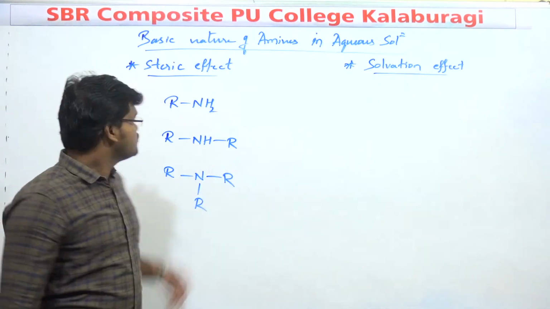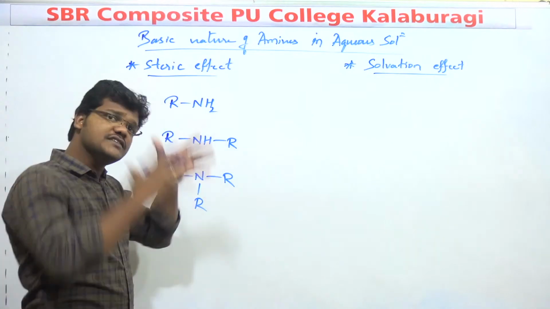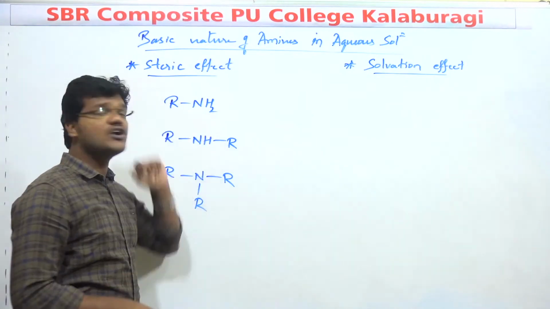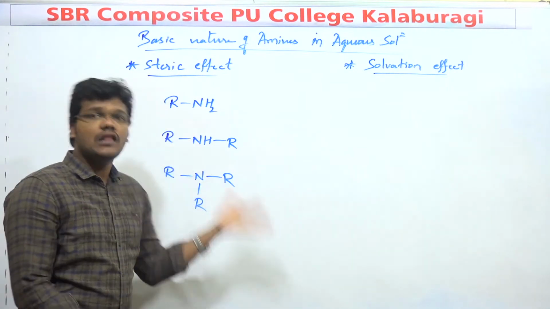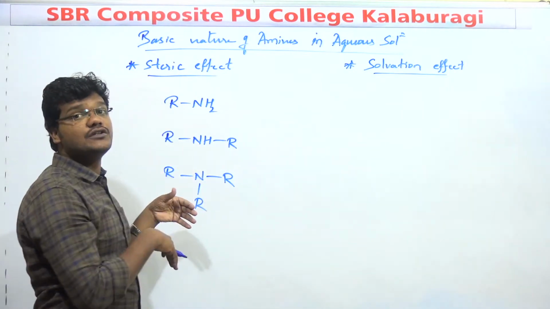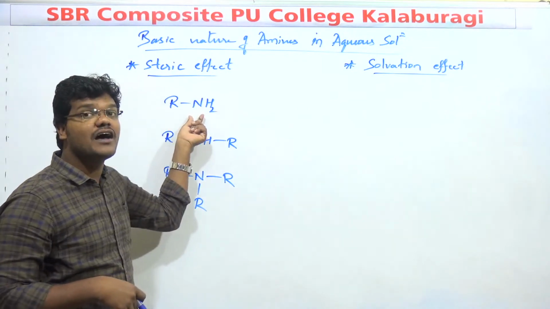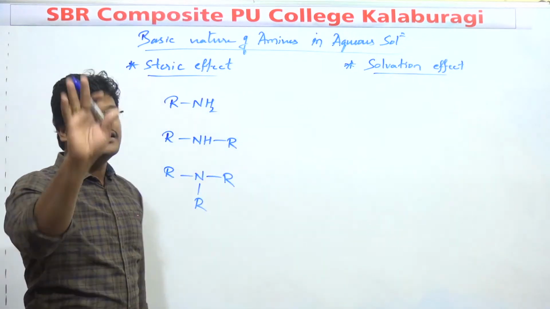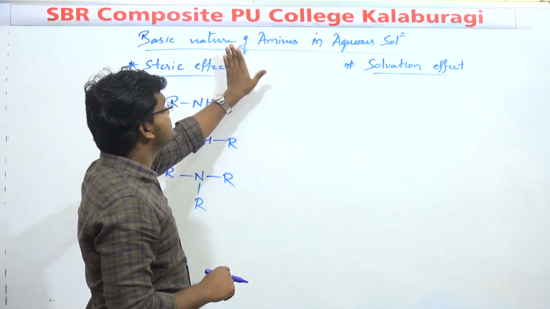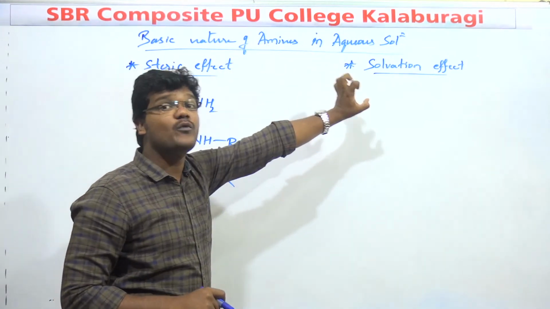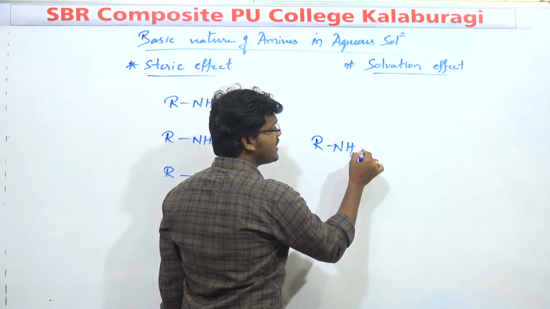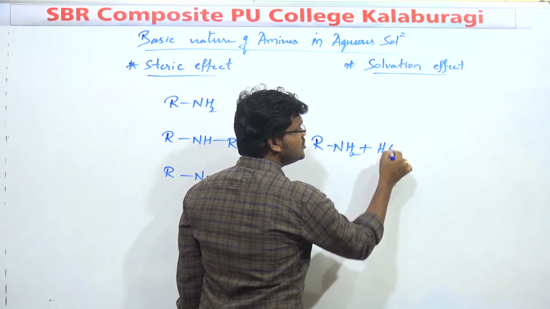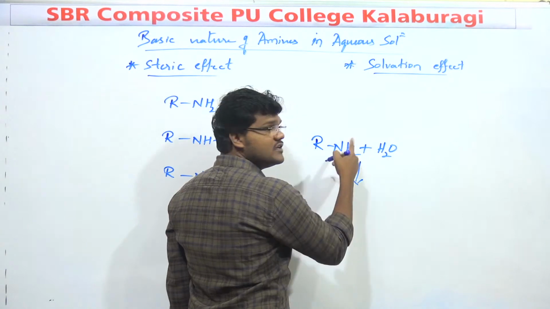So the size of the alkyl group is greater in comparison with hydrogen. That may not allow an incoming molecule to form a hydrogen bond. Because remember, I am talking about the basic nature of amines in aqueous solution. Means RNH2 amines should dissolve in water.